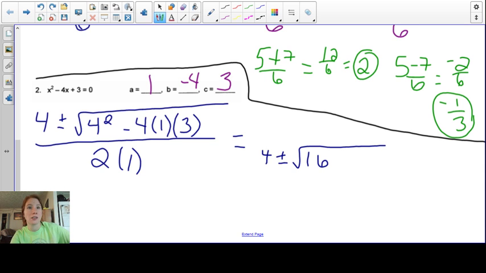In my calculator, I'm going to hit negative 4 times 1 times 3. Okay. So negative 12. So I'm going to have 16 minus 12 divided by 2, because 2 times 1 is 2.